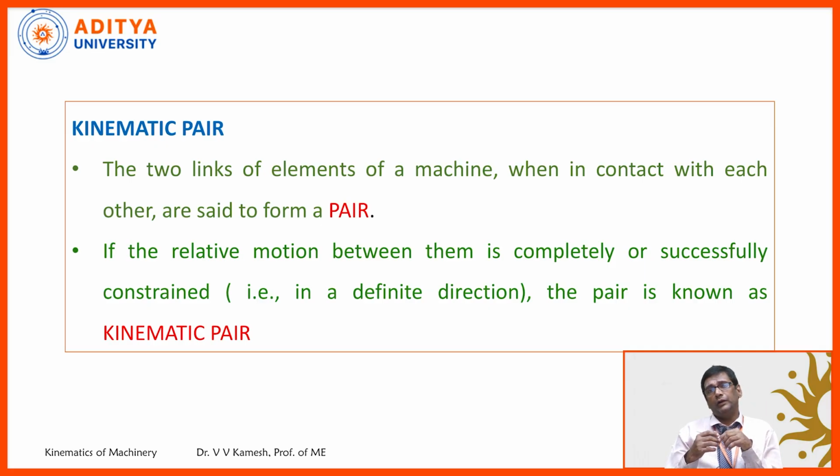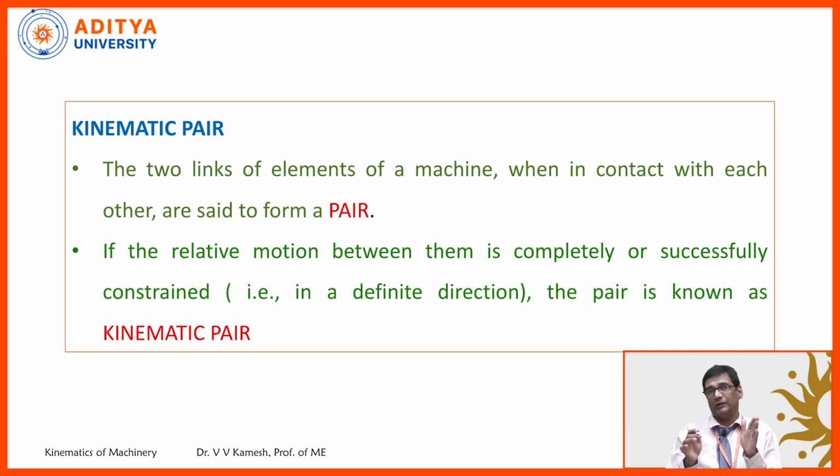Suppose the relative motion between them is completely or successfully constrained. What is meant by completely constrained or successfully constrained? That is, in a definite direction, the pair is known as a kinematic pair. If any two links are in contact, whatever the type of motion, it is called a pair.